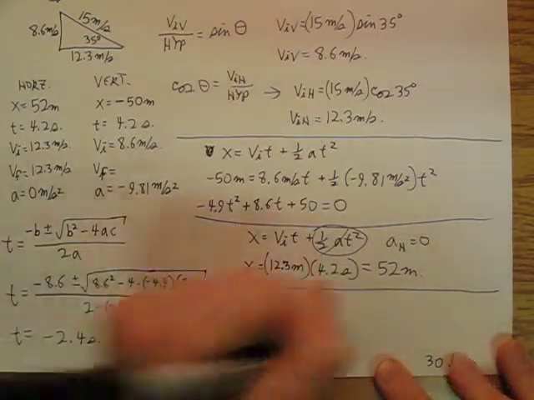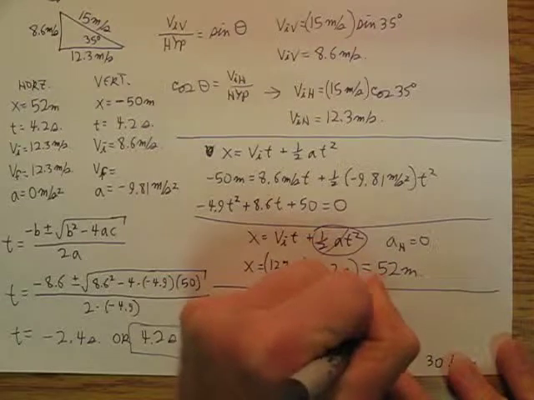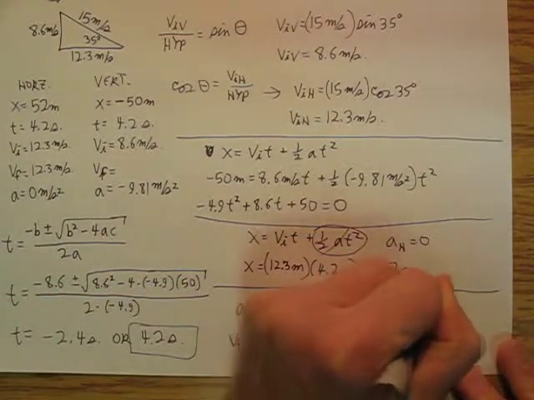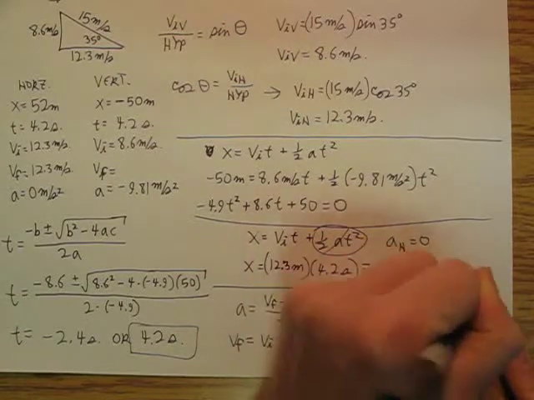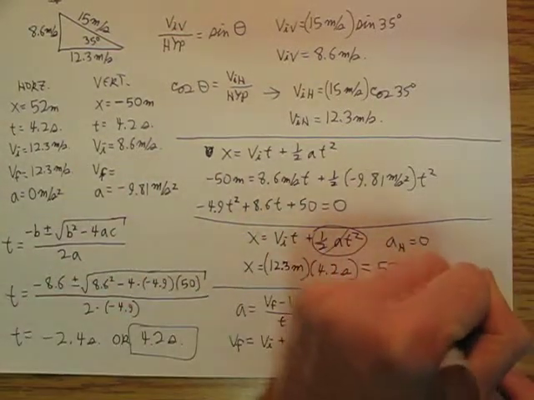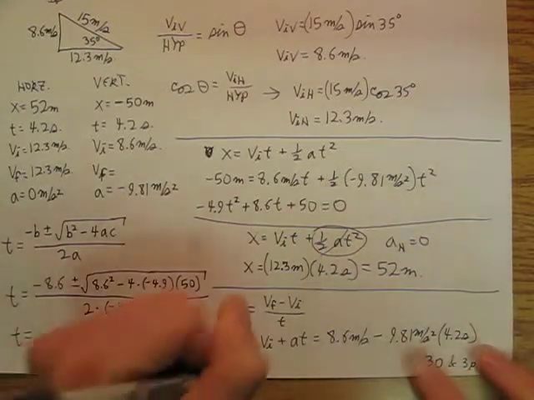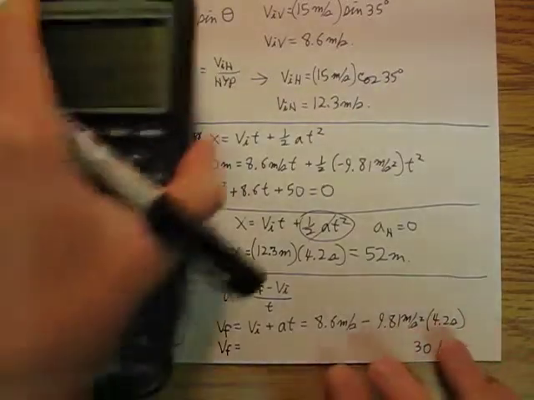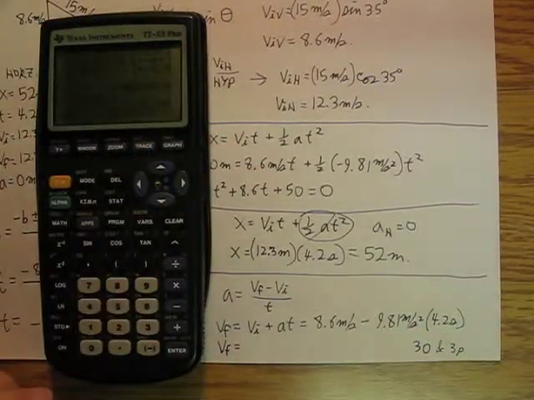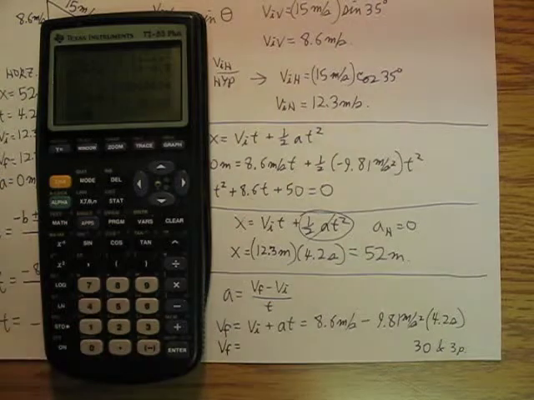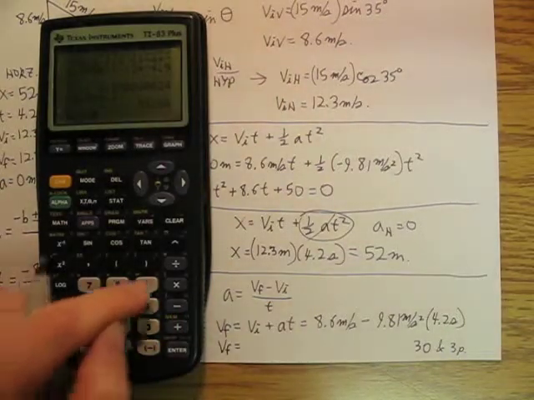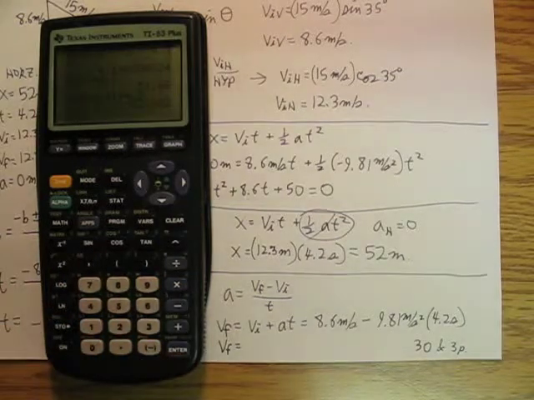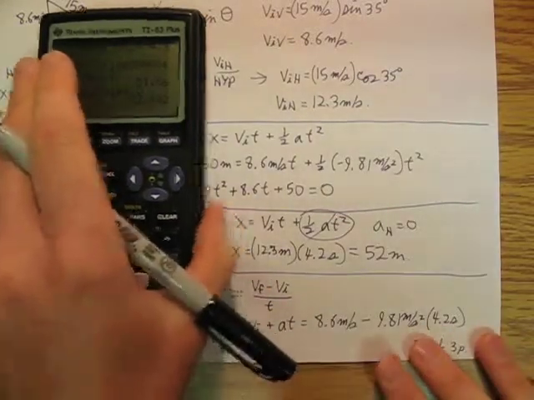So we're going to get 8.6 meters per second minus 9.81 meters per second squared times 4.2 seconds. And squeezing that in all the way down at the bottom of my page, we're going to have 8.6 minus 9.81 times 4.2, which is going to be negative 32.6.